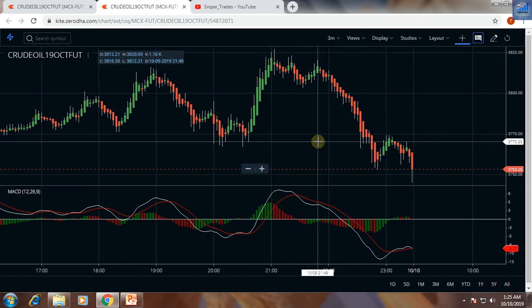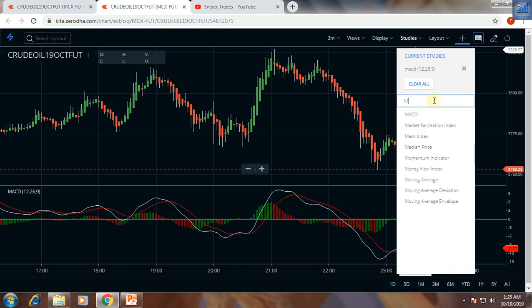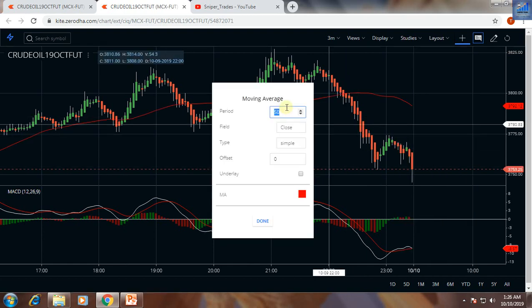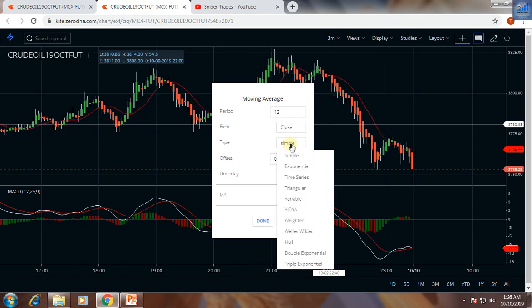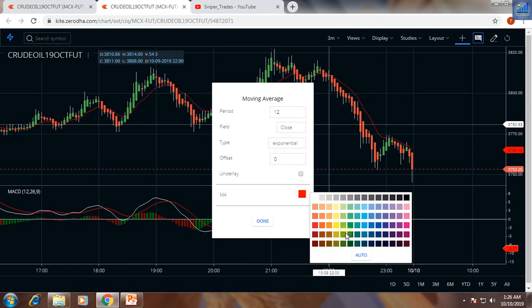For the convenience of explaining, I am going to add both of these exponential moving averages to our chart. I am typing moving average here, typing 12, and the type is exponential, and I am setting its color to green.